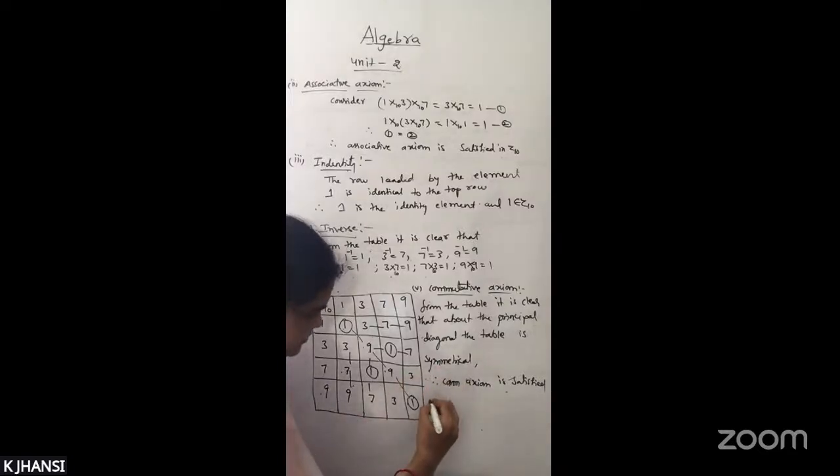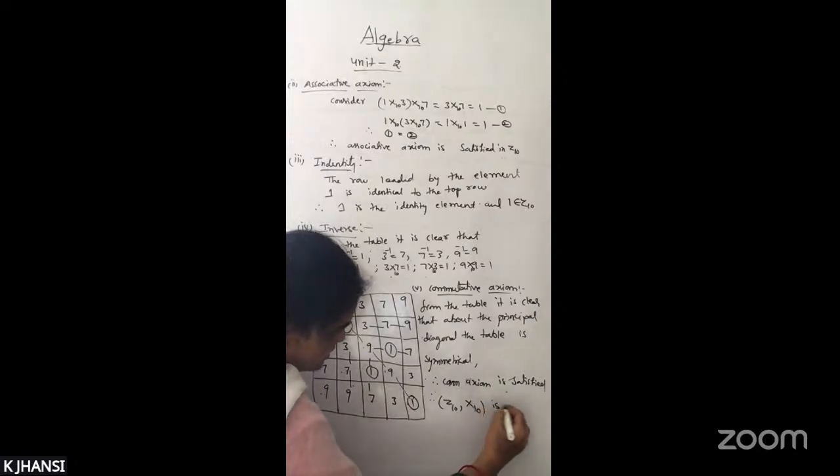Here 1, 9, 9, 1, 3, 7, 9, 3, 7, 9, 1, 7, 1, 7. Here 17 and here 17, and also 33. Whatever elements are there are symmetrical in the table. Therefore, Z10 with multiplication modulo 10 is an abelian group.